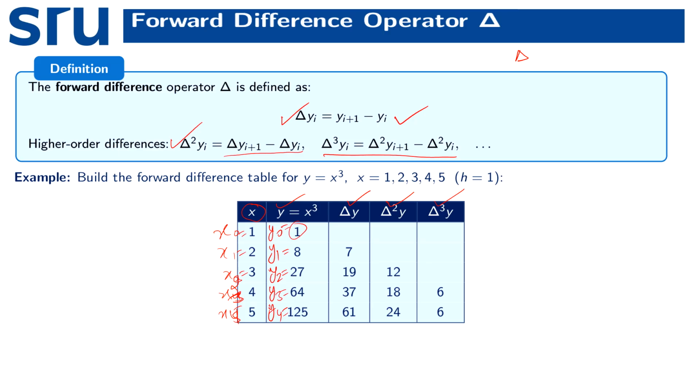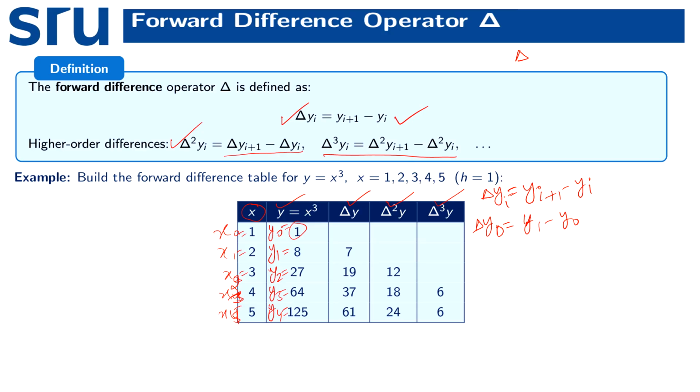The first difference, delta y, means delta yi will be yi plus 1 minus yi. So your delta y0 will be y1 minus y0.